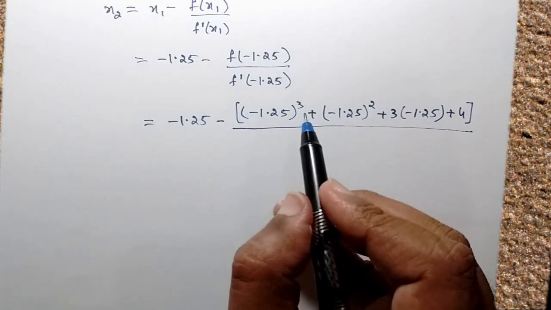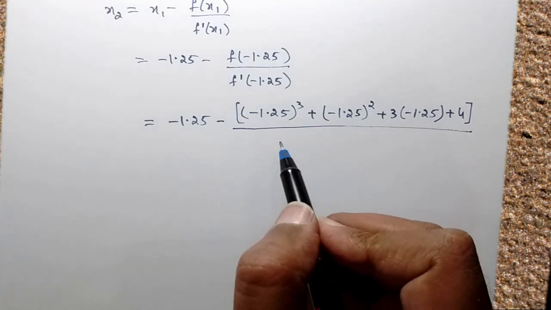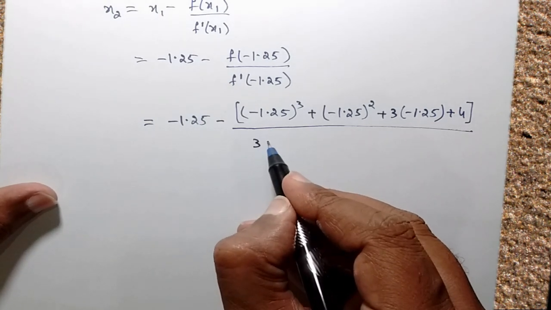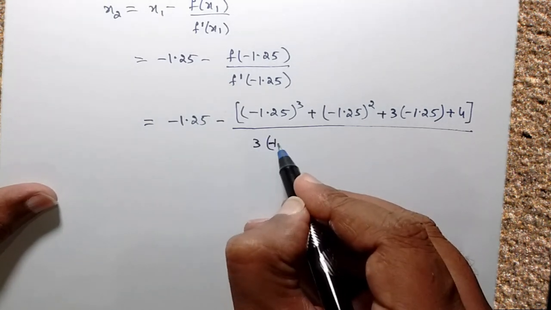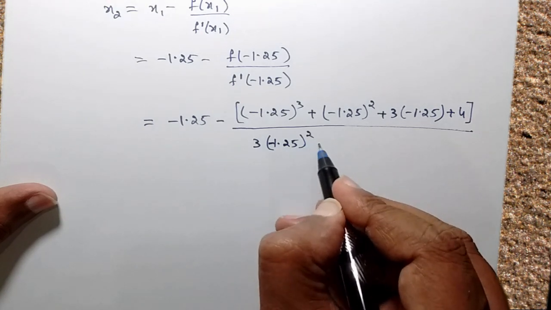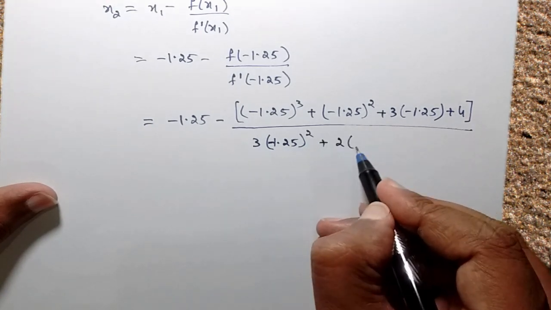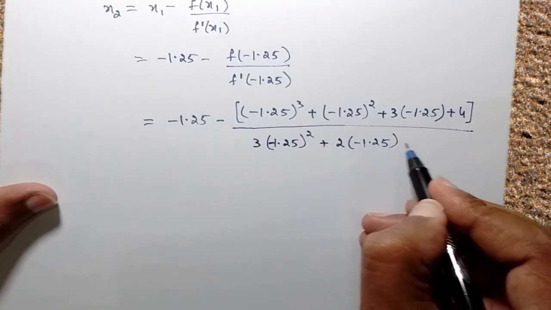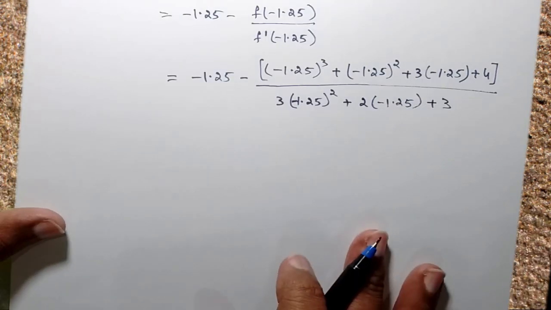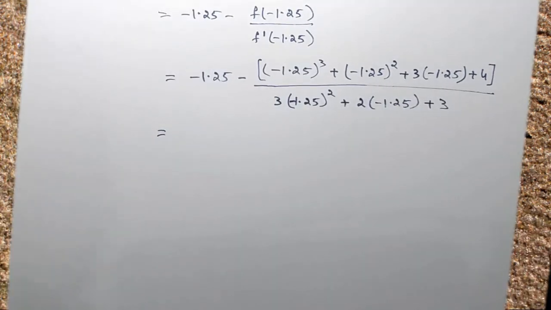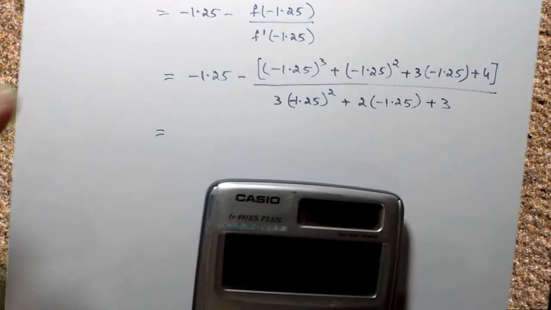So f dash of x, you can see I have got 3x square plus 2x plus 3. So 3 times x value, which is minus 1.25, whole square, plus 2 times x value, which is minus 1.25, plus 3. You can just check using the calculator, you can simplify this particular value.